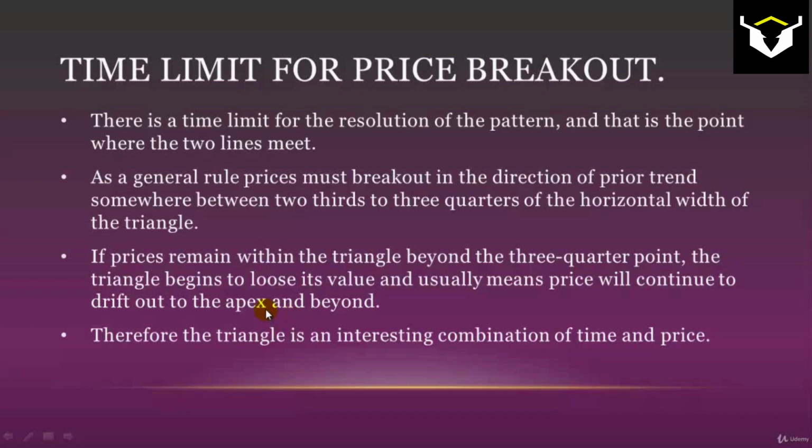So for prices to break out of a triangle, there is a time limit. If prices consolidate within the triangle beyond that time limit, the triangle loses its value. Therefore, the triangle is an interesting combination of time and price.